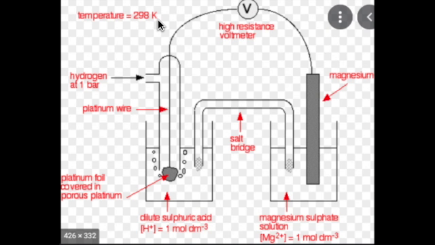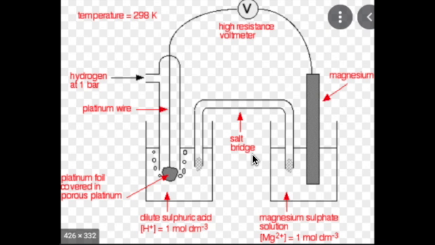How this differs from the electrochemical cell you draw in IGCSE is that this has a high resistance voltmeter rather than a battery. It also has a salt bridge to connect the two electrodes, rather than having one tank with two electrodes in the same solution.